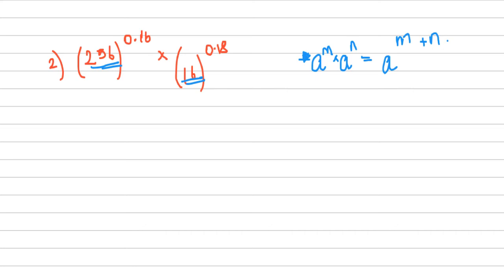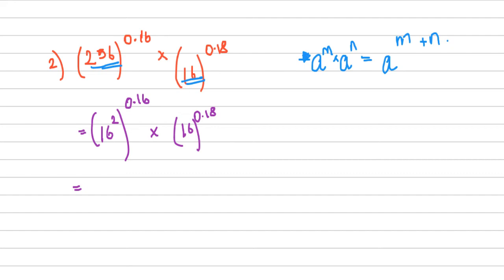So we know very well that 256 can be written as 16 squared. So I'm writing (16 squared) to the power 0.16 multiplied by 16 to the power 0.18. Okay, so this is what we have got right now.